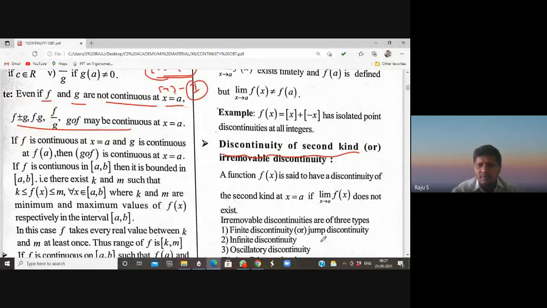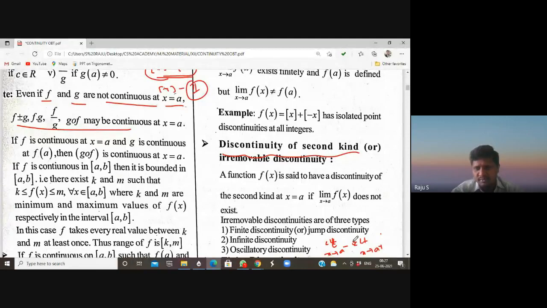Finite: here the limit values may be LHS, may be RHS. Left hand limit at x equal to a and right hand limit must be finite.